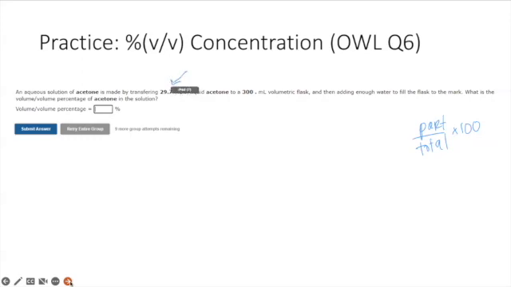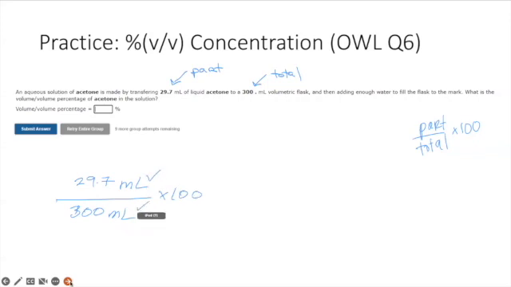And so 29.7 is my part because it is smaller than 300, which is my total. So 29.7 milliliters over 300 milliliters times 100. So they're both in milliliters, so we can go ahead and plug it into our calculator.